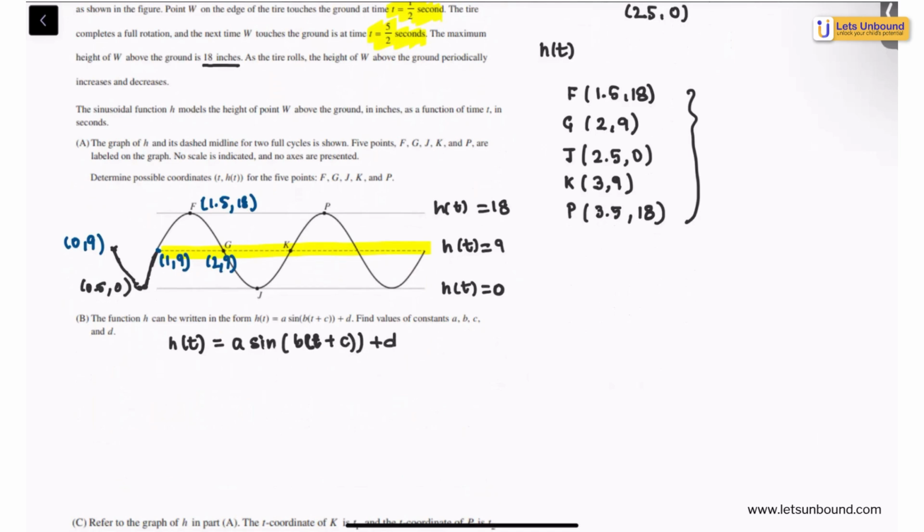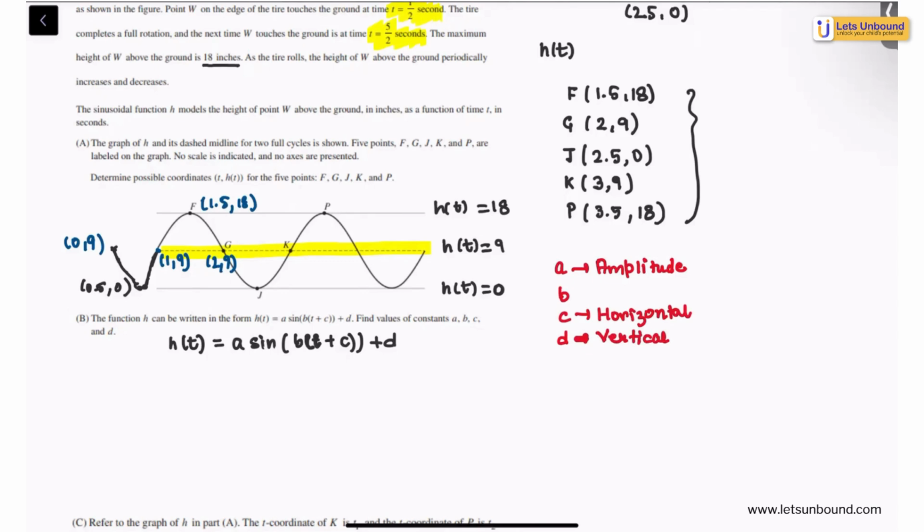Now, you should know that a is useful for the amplitude, not the period. Then b is in reference with the period. You calculate b using the period. c is useful for the horizontal translation. And d is the reference for the vertical translation.